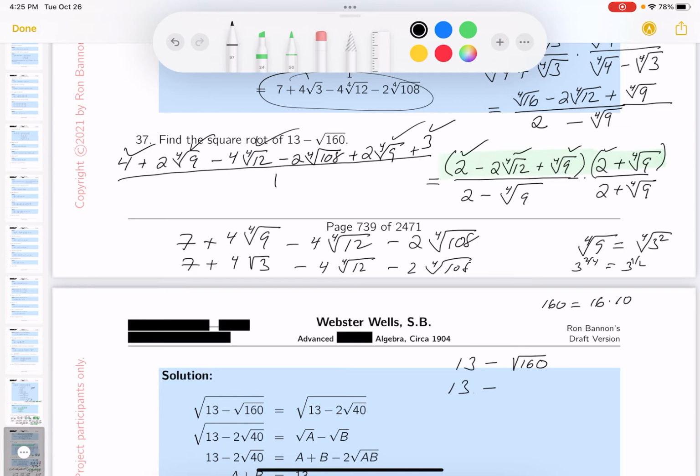The square root of 16 is 4, so root 160 is 4 root 10. All right, let me get my eraser out and erase this business here. I'm going to claim what they want is the square root of that. So this is the same thing as 13 minus the root 160, but they still want the square root of it.